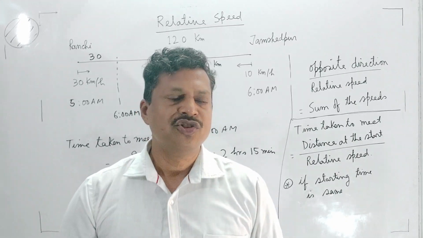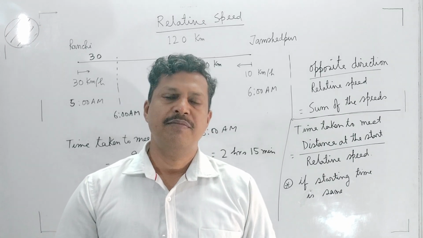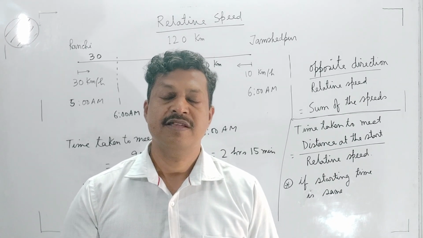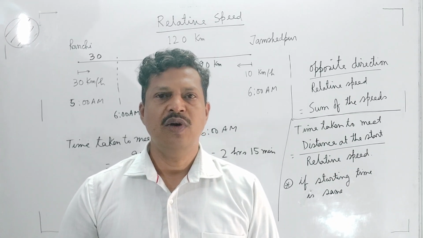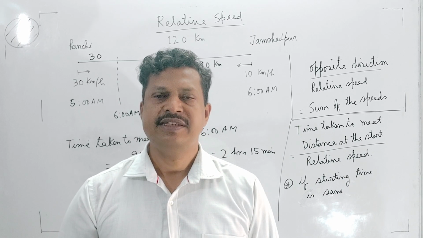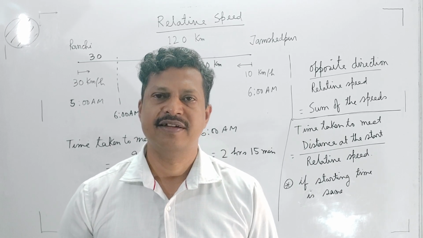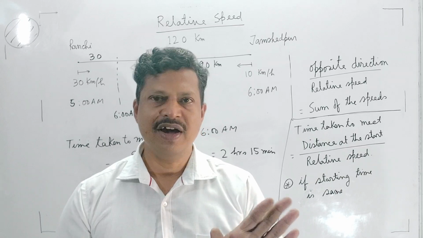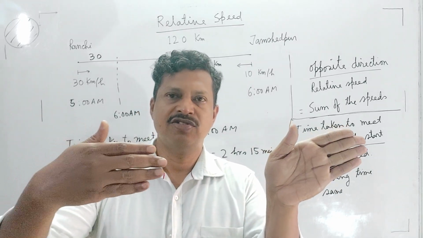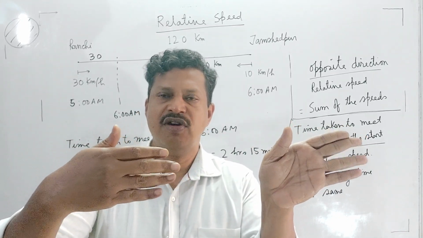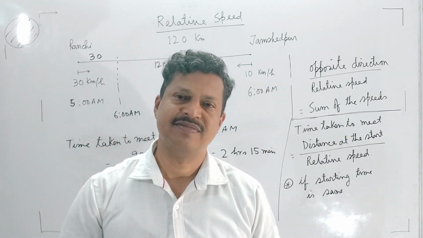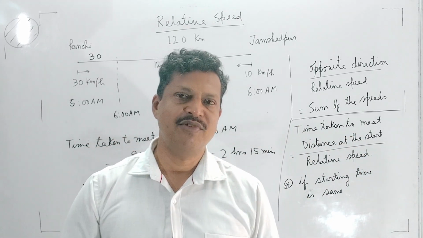There can be more examples. Say for example, you are being chased by your friend. So you are running and your friend is also chasing. Chasing means moving in the same direction.